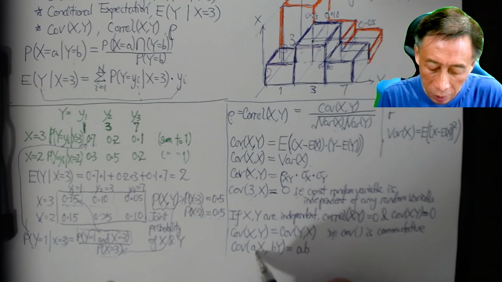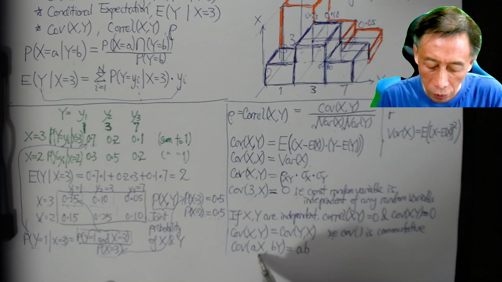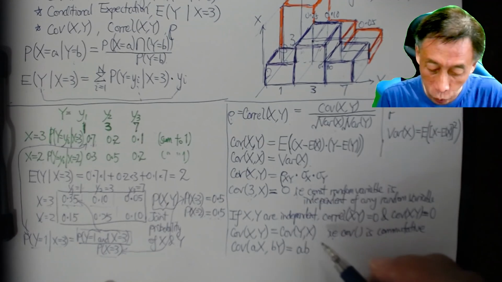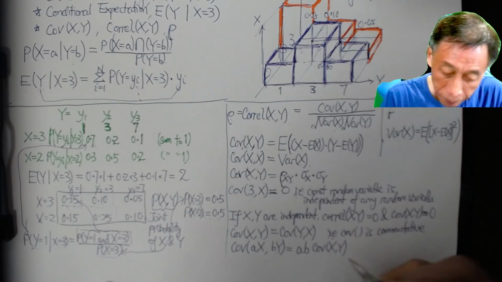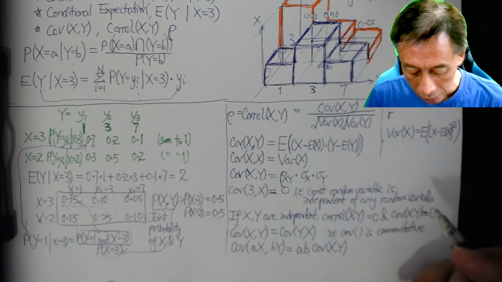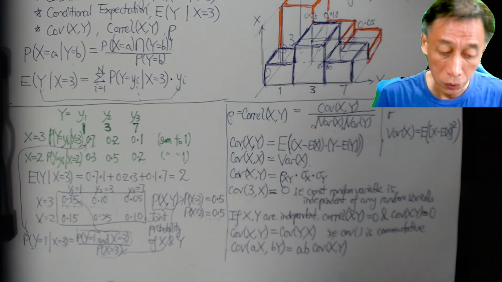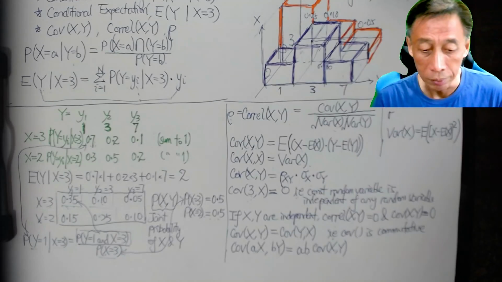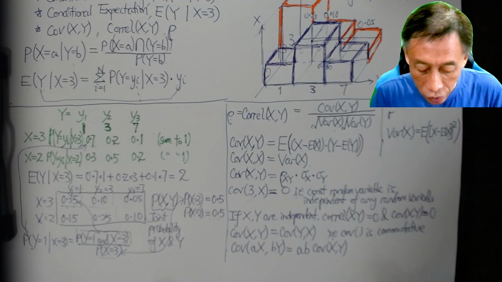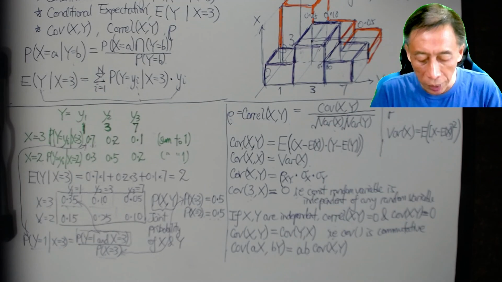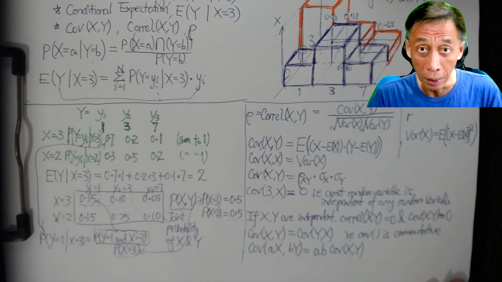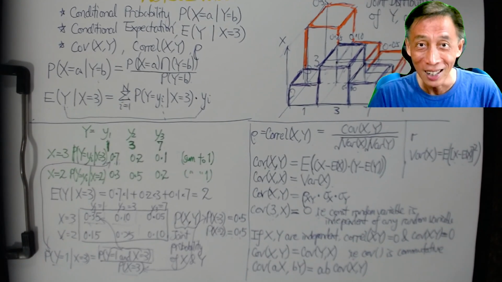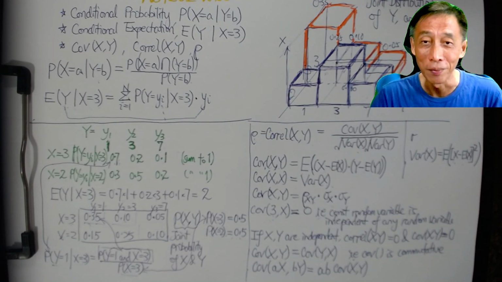So same thing here, each constant from x and y is extracted out to give you ab covariance of x comma y. Okay, so basically these are the most useful relationships, and the connections between covariance, correlation, and variance that you will need. And I will leave you with the screen, and that's the end for this particular session. Thank you, and see you in the next video session.